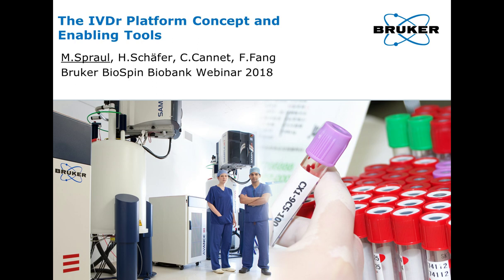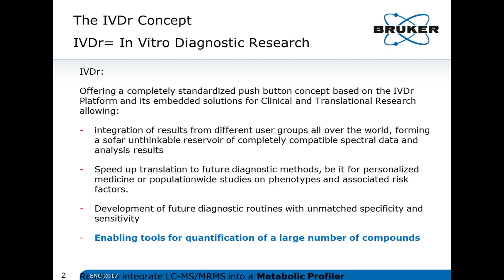Now, first of all, I would like to give a short introduction to show the basis on which this research is done, and this is our IVDR platform that is used in many of these metabolomics research labs. So here we are talking about a platform and a concept overall.